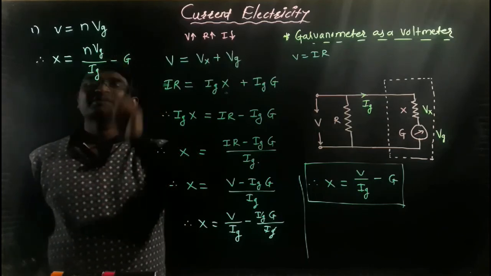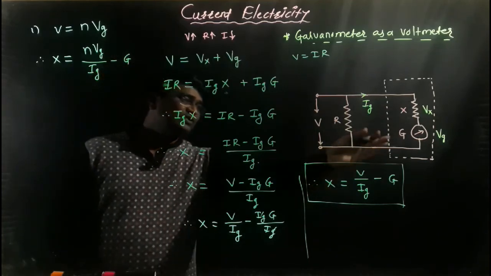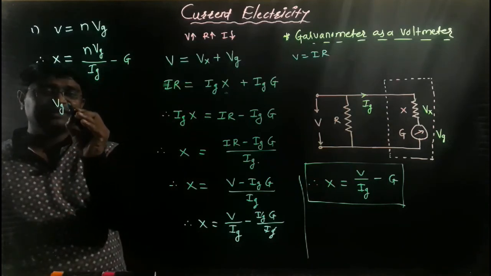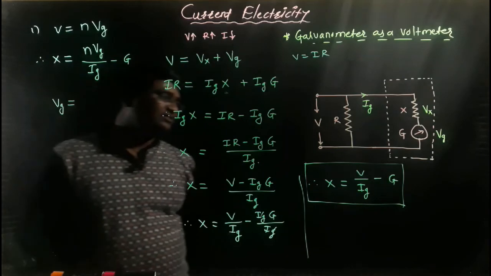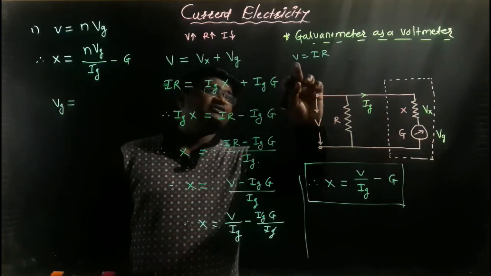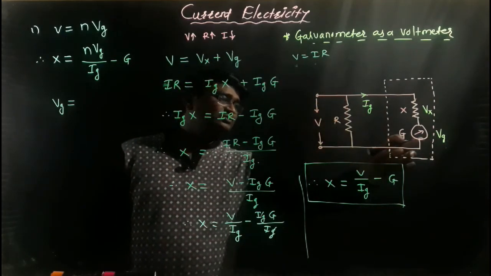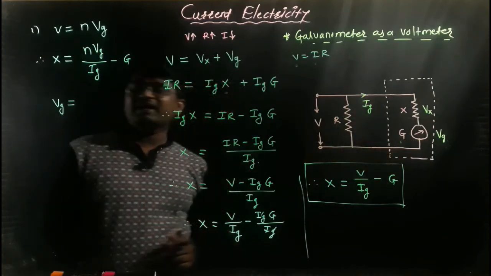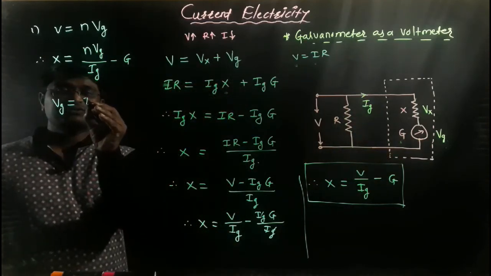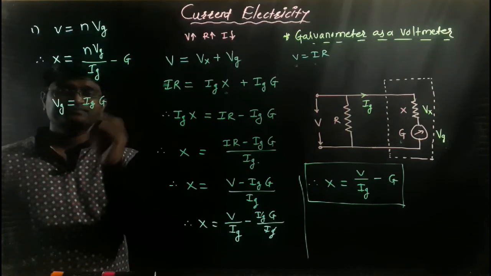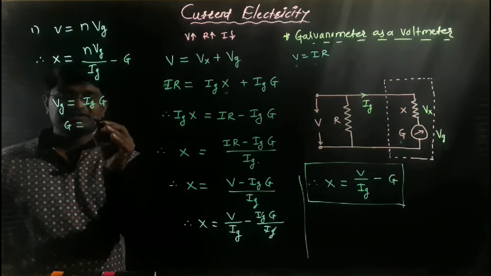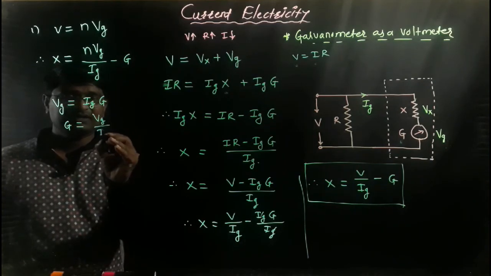Vg is the potential across the galvanometer. Potential means current into resistance, so with the galvanometer resistance G and current Ig, Vg is equal to Ig into G. So G is equal to Vg upon Ig.